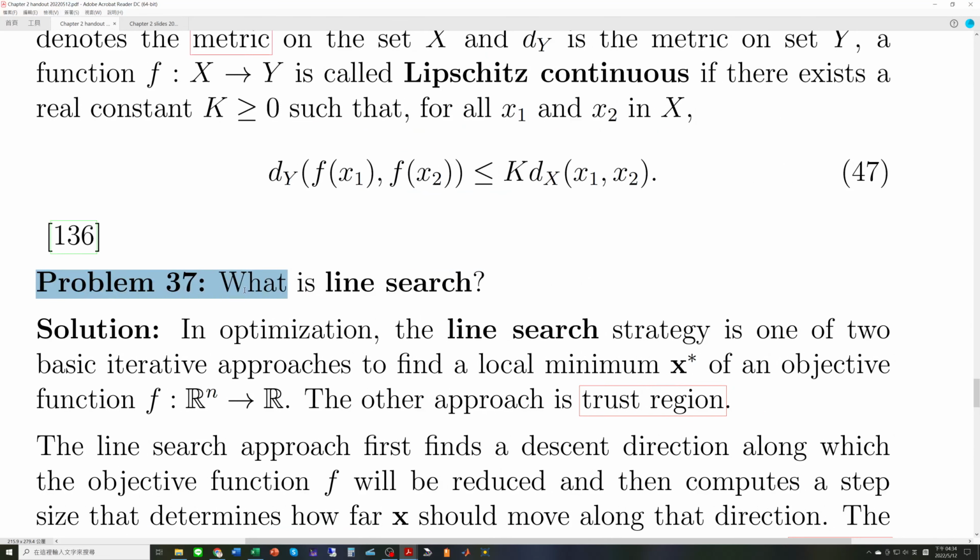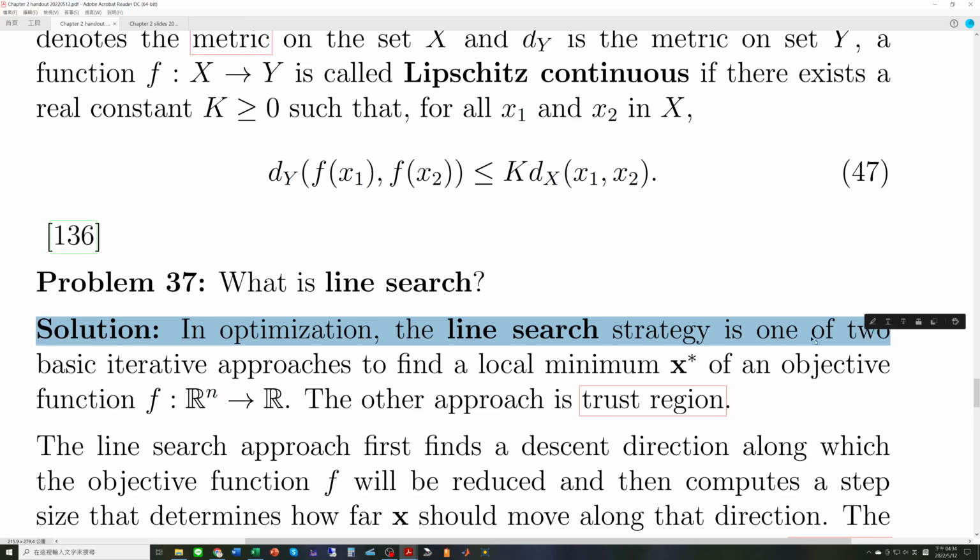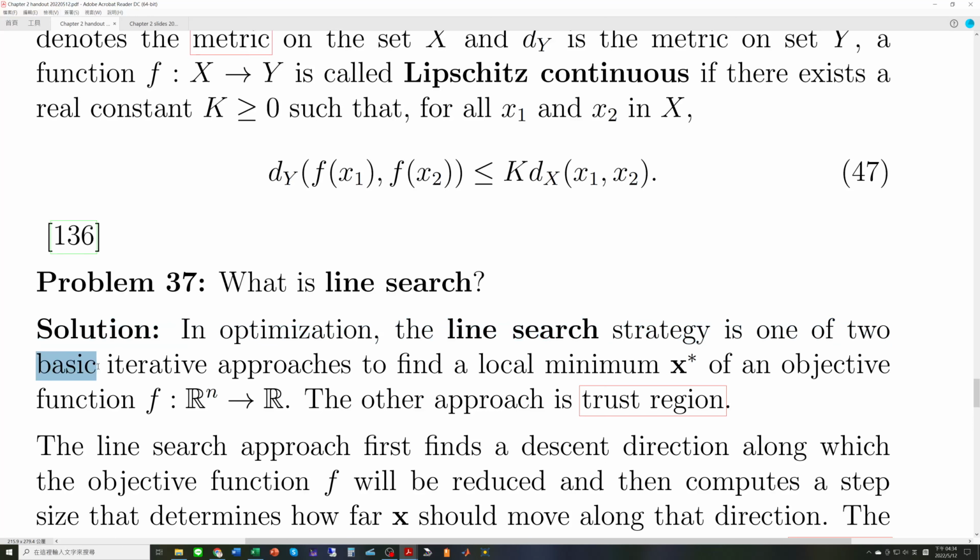Okay, problem 37. What is line search? Solution: in optimization, the line search strategy is one of two basic iterative approaches to find a local minimum x star of an objective function f.